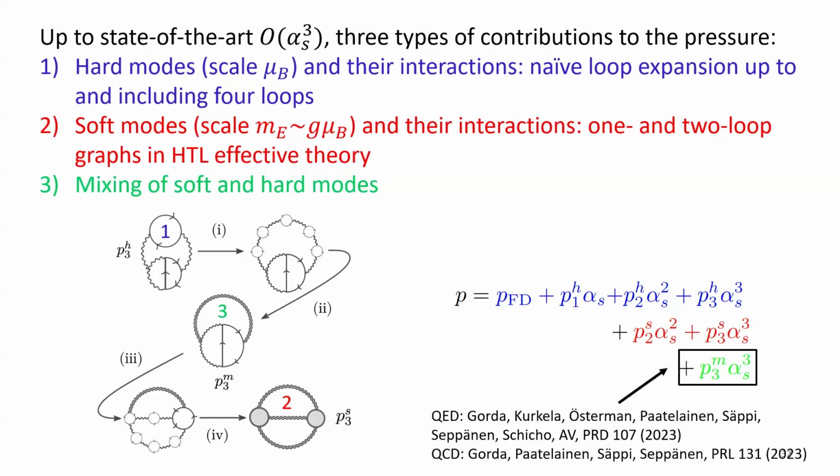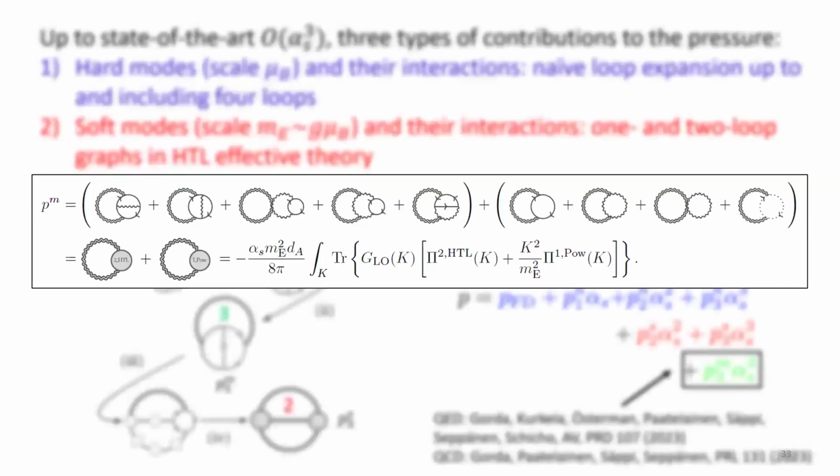Then the mixed part was first finished in QED in early 23, and then quickly generalized to the case of QCD. Later that year, that computation by Tyler Gorder, Risto Paatela, Saga Säppi and Kaapo Seppänen was already quite a bit more involved technically.